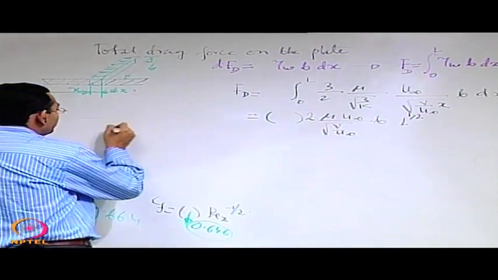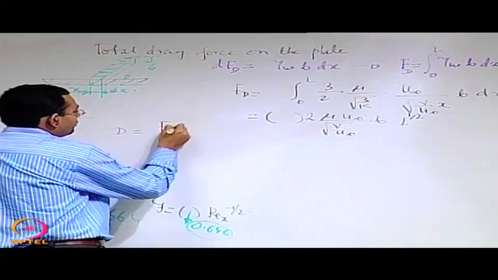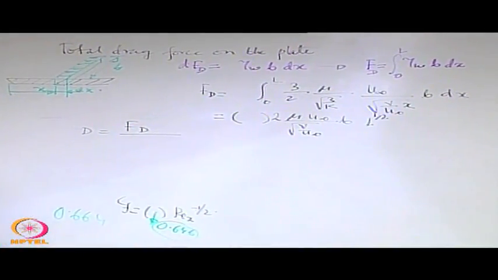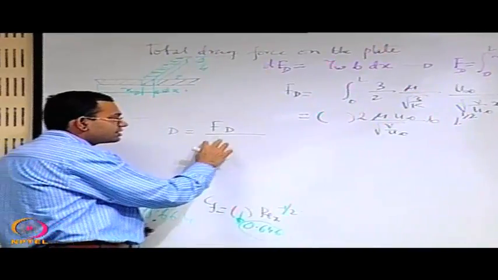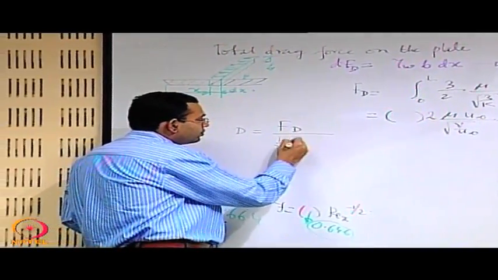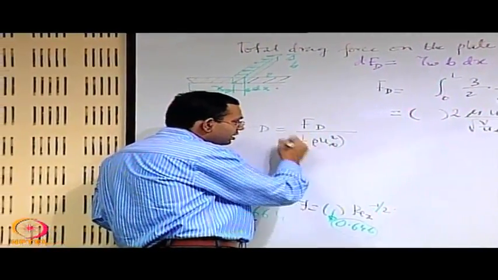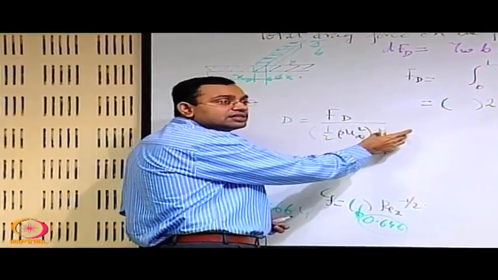It is given by Fd divided by something reference. This is a force, so it should be represented by the equivalent half rho u infinity square times some reference area.